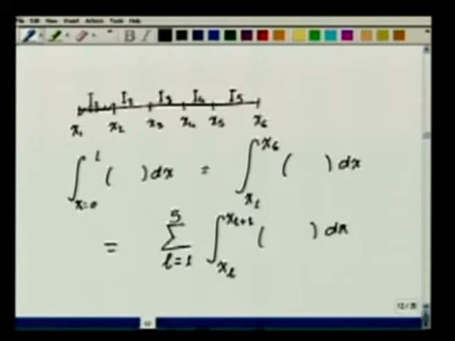This is basic integration that we have learnt in our earlier classes. So this I can do.